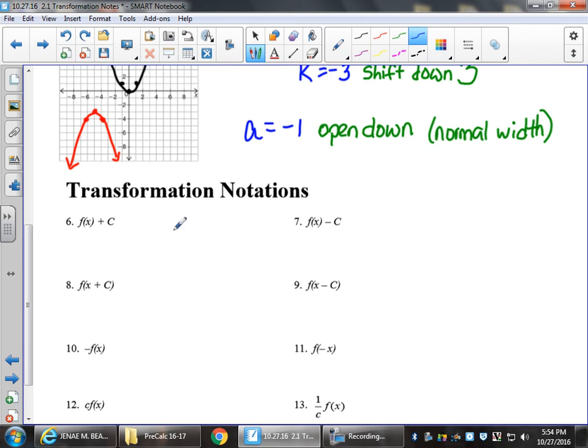So this will be up C units. We're generalizing so that this represents any value. So for example, if this was +5, it would be a shift up 5. If this was +1, shift up 1. In contrast, if I see minus a value on the outside, that will be a shift down C units.